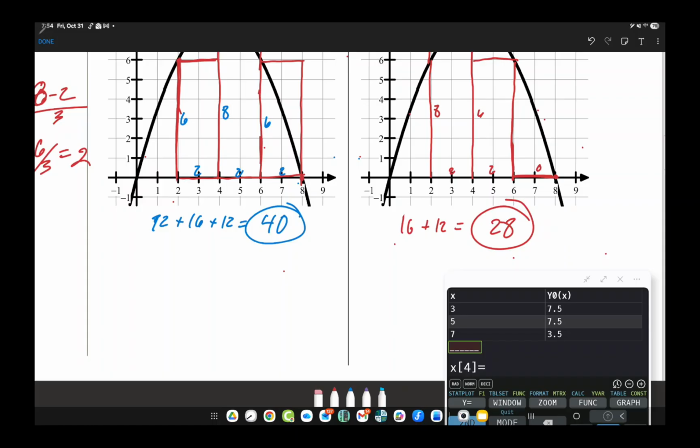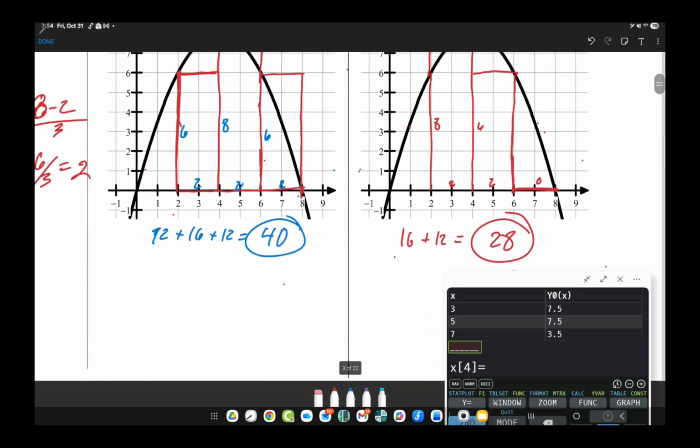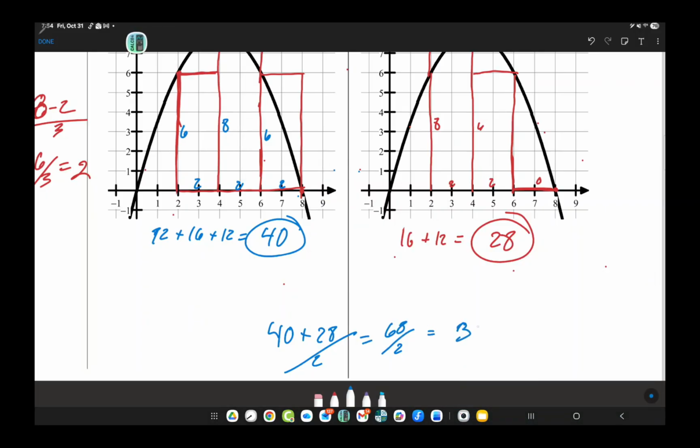Average them. If we took 40 plus 28 over 2, that gives you 68 over 2, which is 34. So, if you are asked to find the left, right, and midpoint, don't waste your time on the midpoint because you already found your left and right. Just average your left and right.